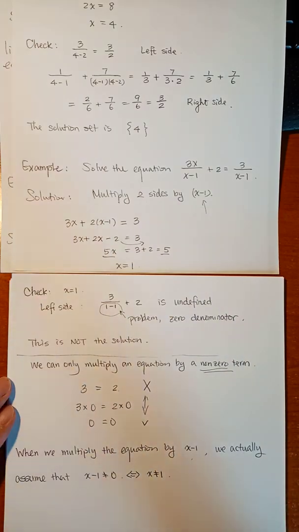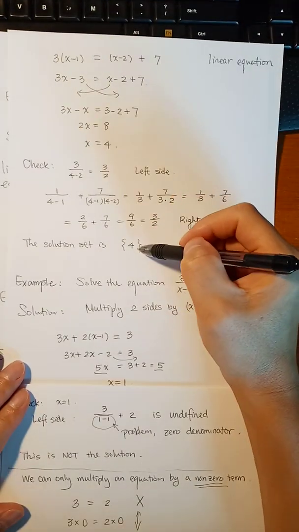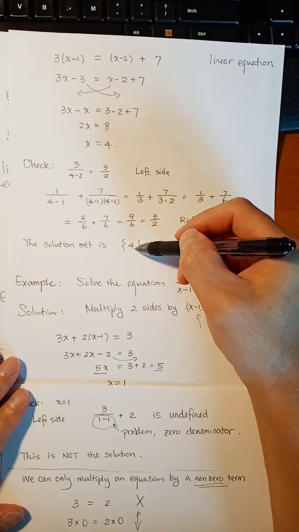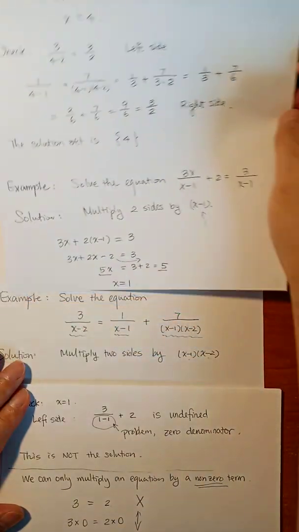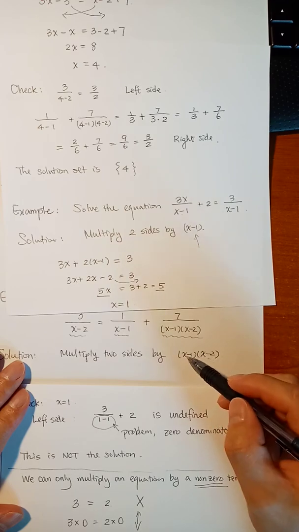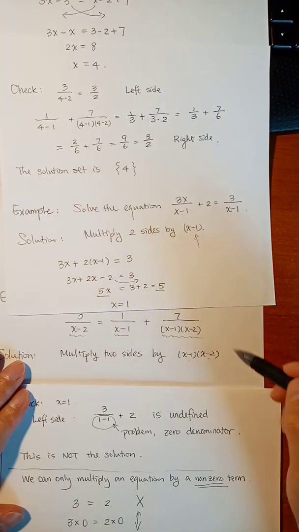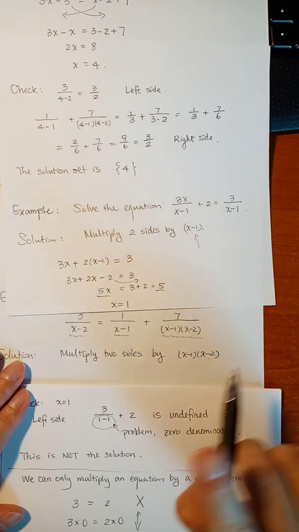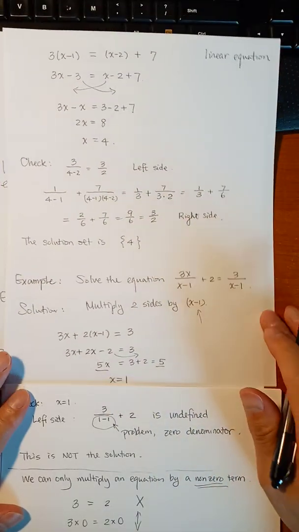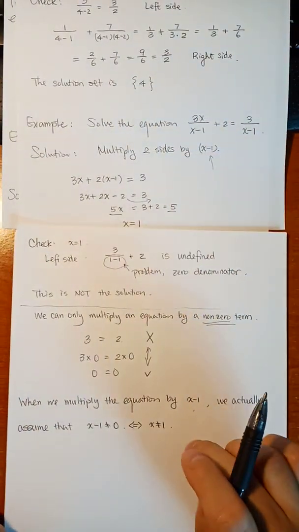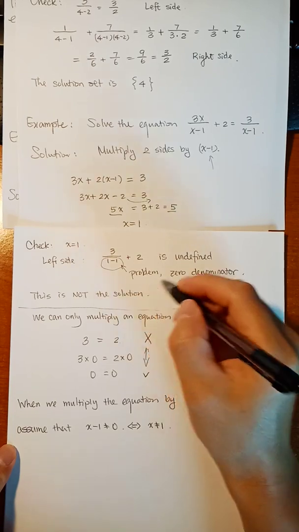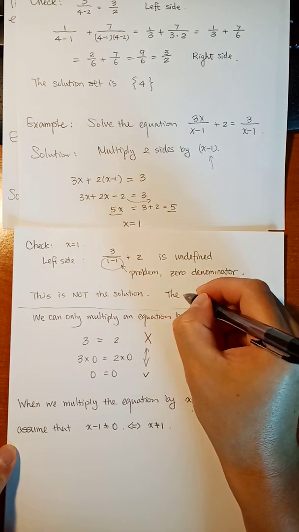And for the previous problem, we get a 4. This is the answer because when x is equal to 4, remember we multiply two sides by x minus 1 times x minus 2. When x is 4, this product is not equal to 0. So that's good, that's allowed. But here, this is not correct. So we will say it's not a solution. The equation has no solution.